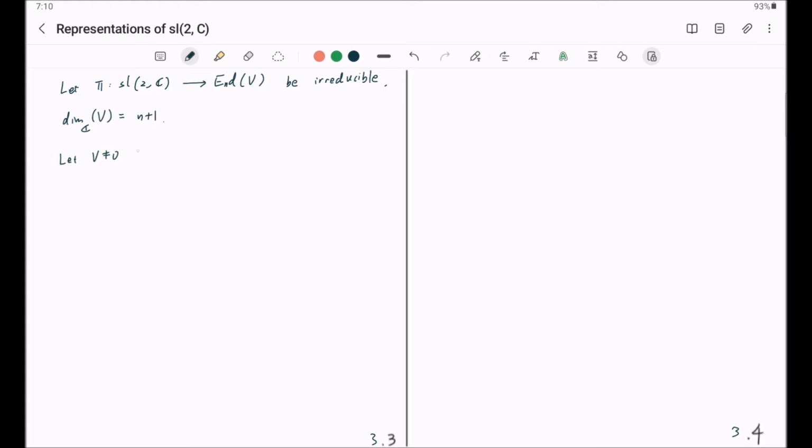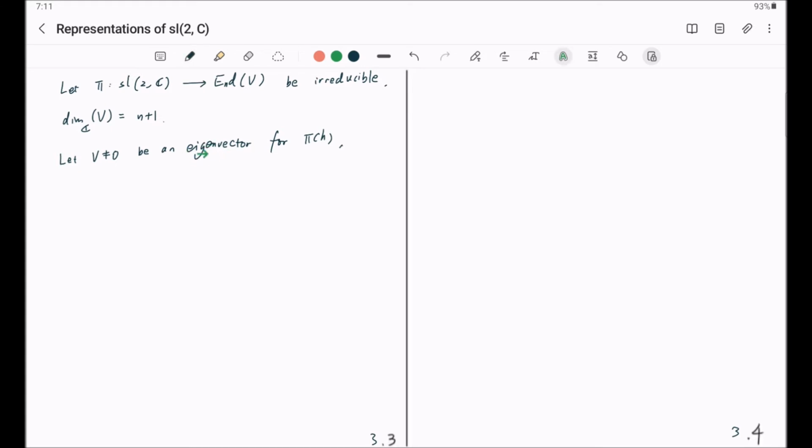Let V be an eigenvector for pi of h. Eigenvectors are always non-zero.